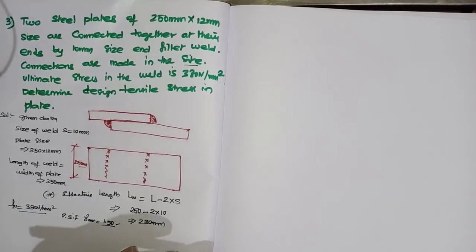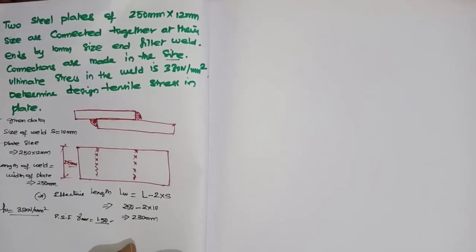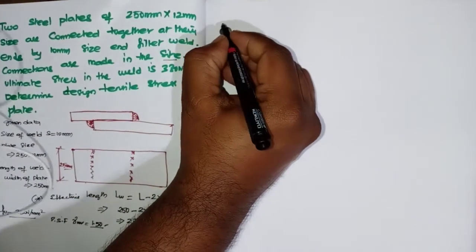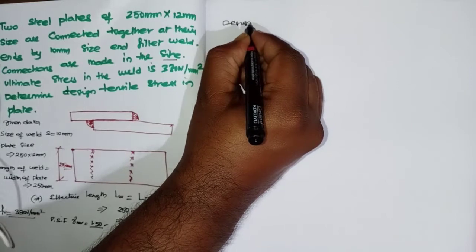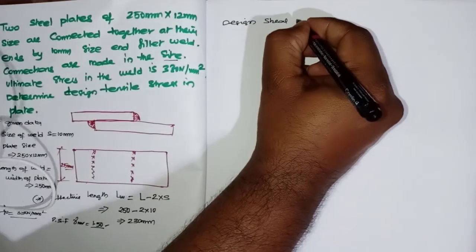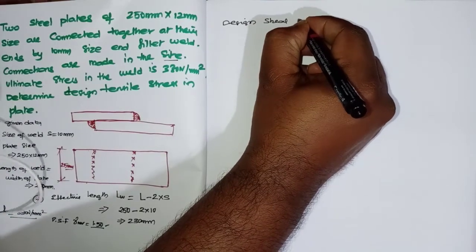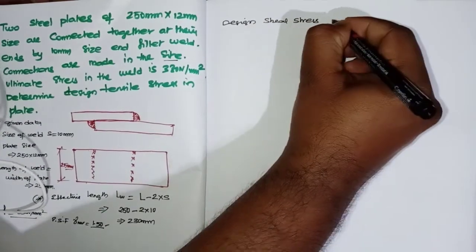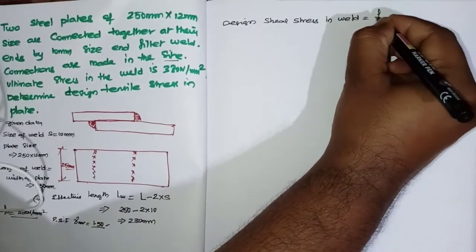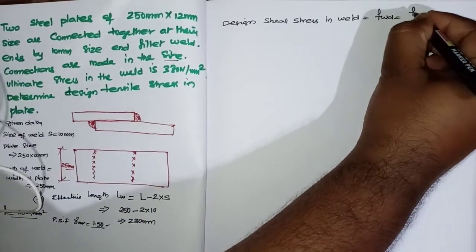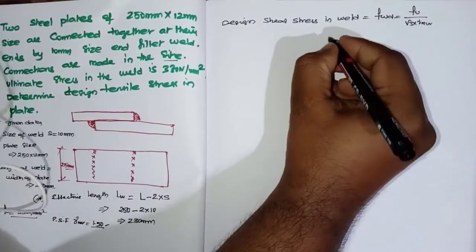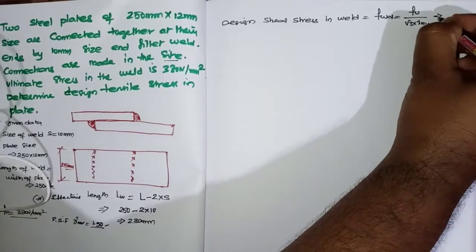Next, design shear stress in weld. How is it denoted? FWD equals FU by root 3 into gamma MW. If I substitute, what do you get?